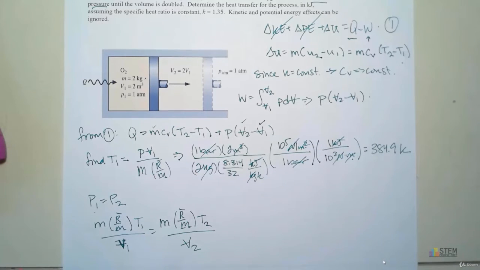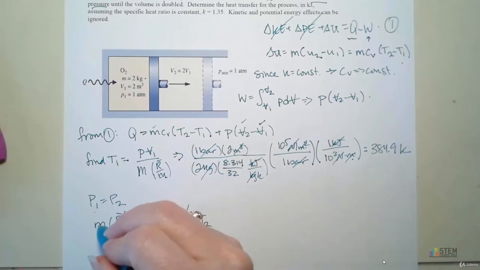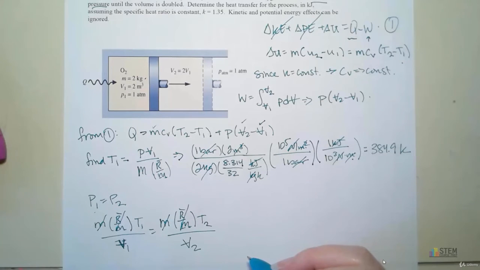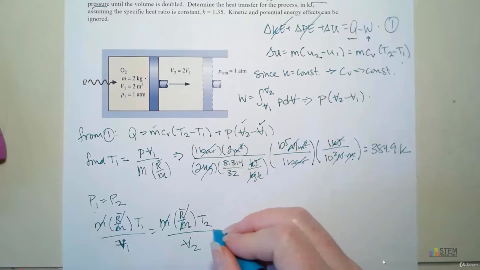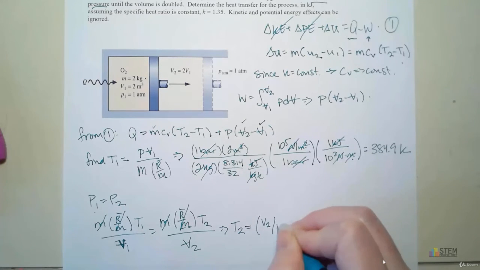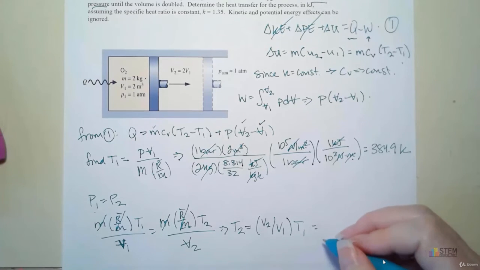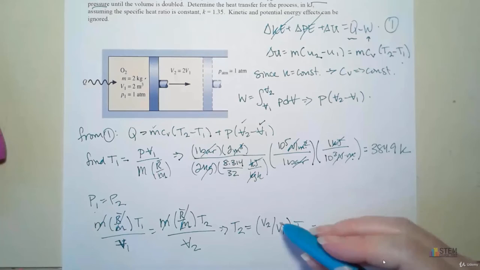So that's what it looks like at state 2. Now these R terms go away, the mass is going to go away because mass is constant, and then you're just left with these ratios here. Now we could solve for T2, and you'll get V2 over V1 times T1, and then just plug in your values.